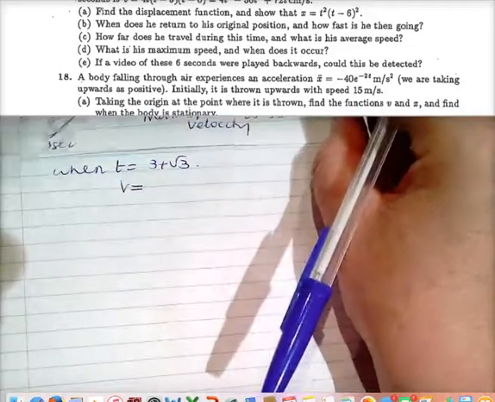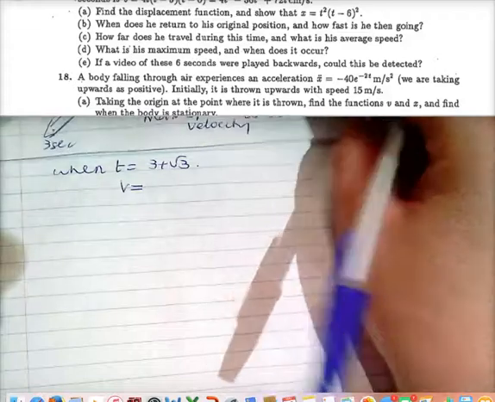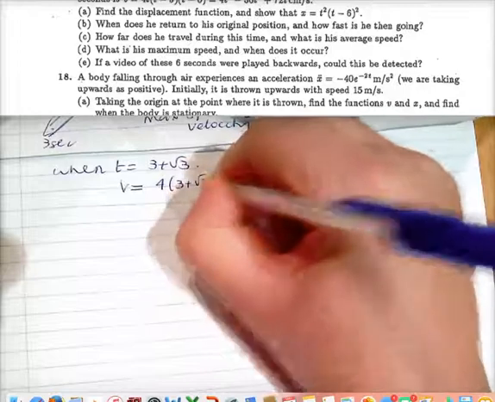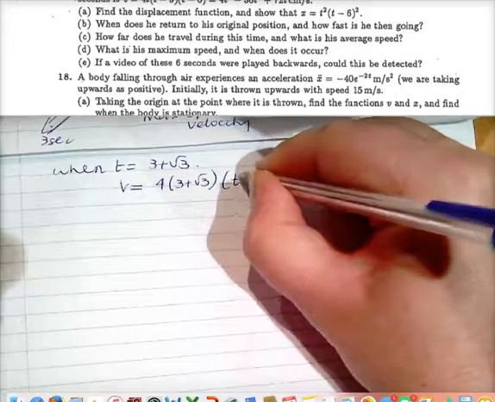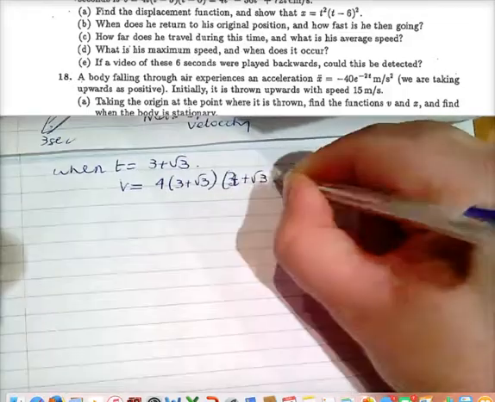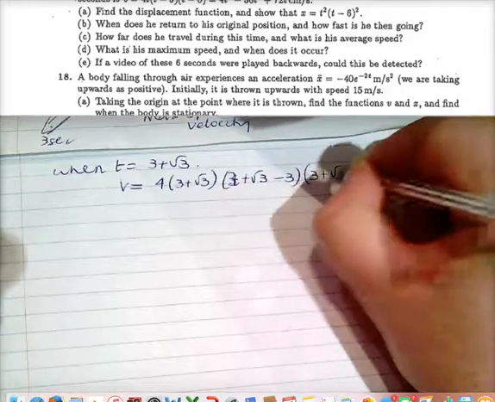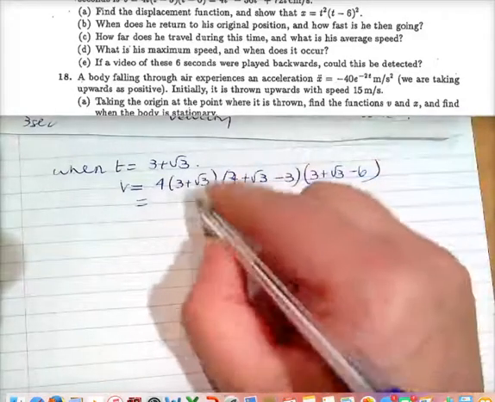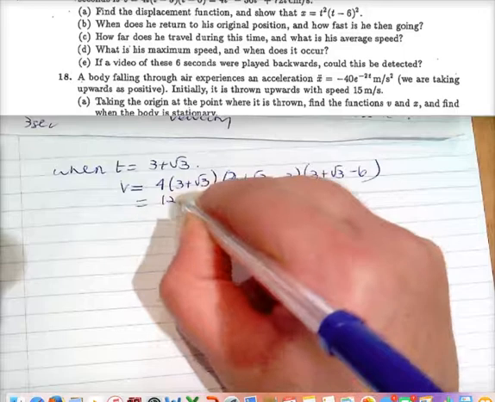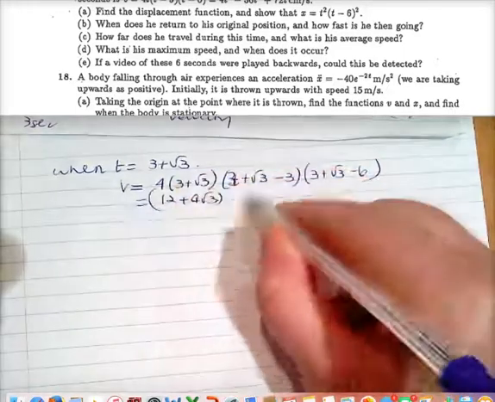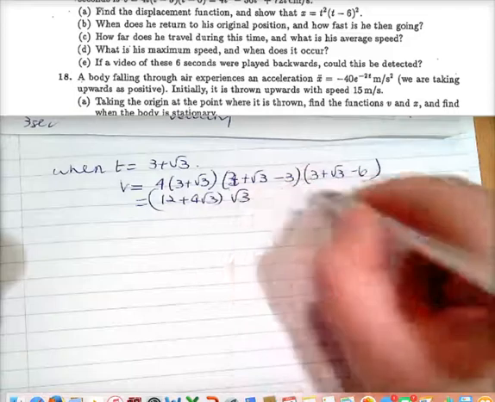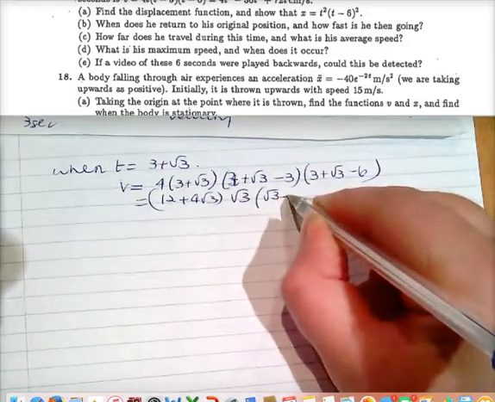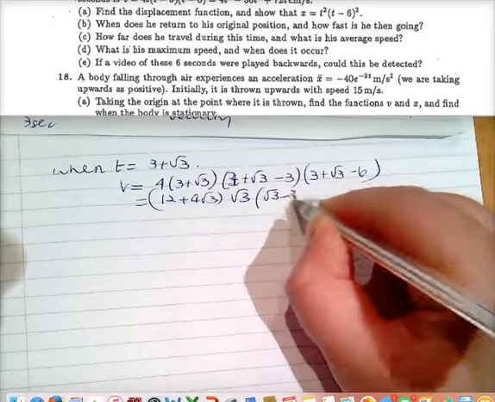The velocity equation is, we've got a few of them, 4 bracket 3 plus root 3, t, which is 3 plus root 3 minus 3, 3 plus root 3 minus 6. So that's when t equals 3 plus root 3. Either one will work. And we get 12 plus 4 root 3, and that will be times root 3 and times root 3 minus 3.